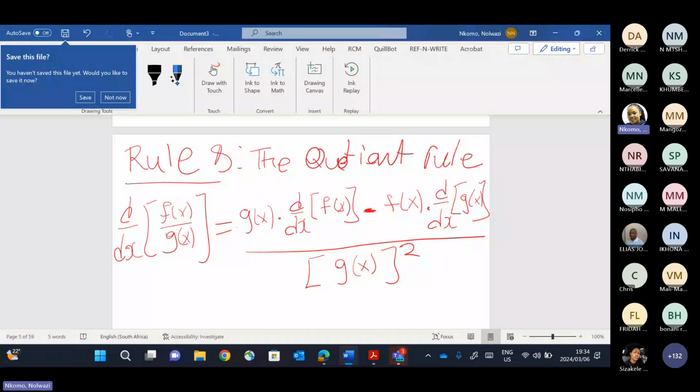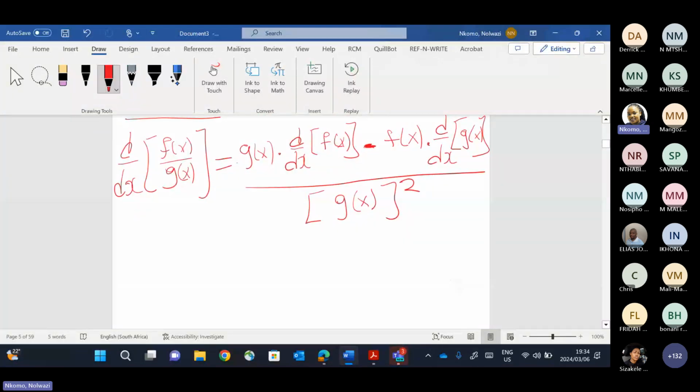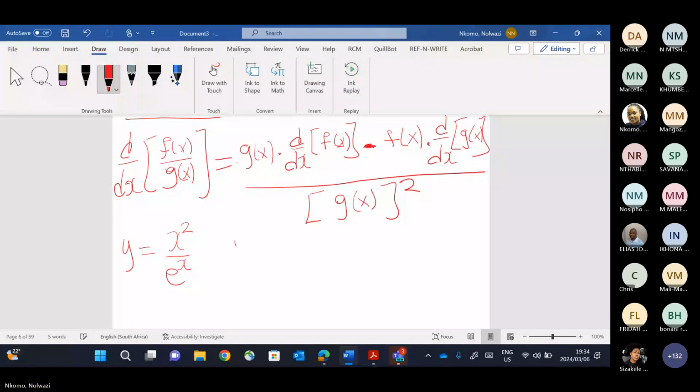Suppose we are given y equals x squared over e to the power x, and we are asked to find the derivative, y prime. You see, we have a function over a function, meaning we have to use rule 8, right?